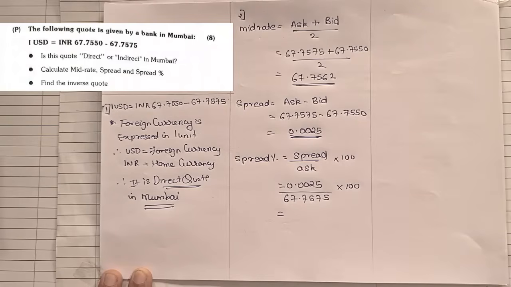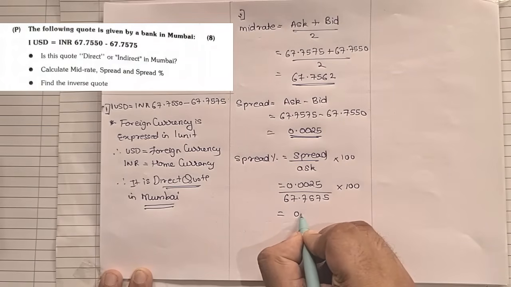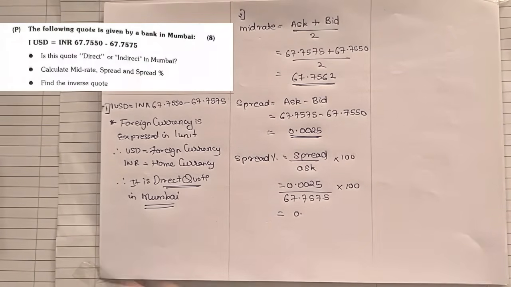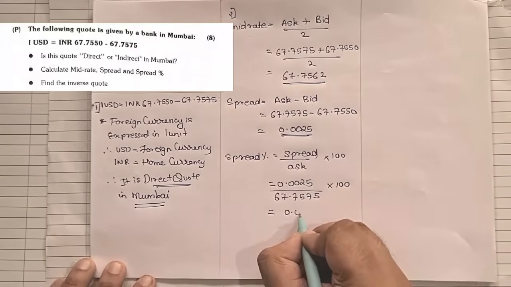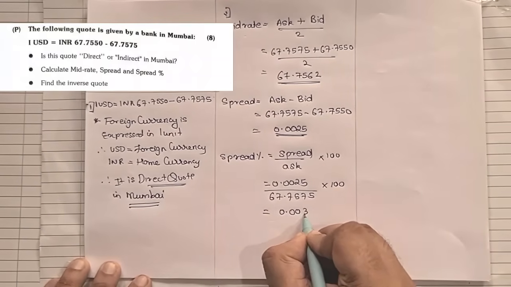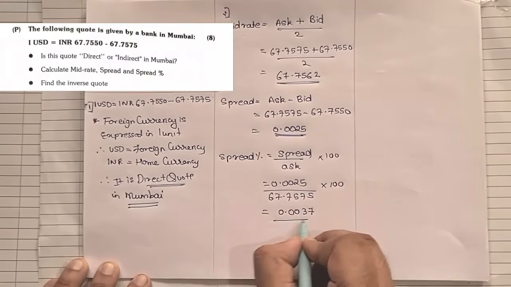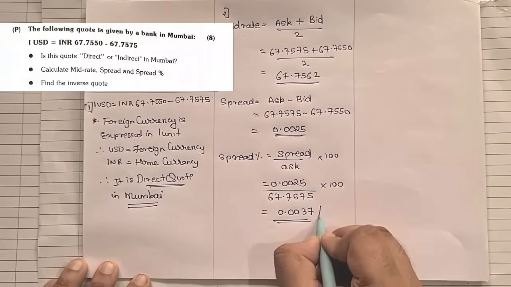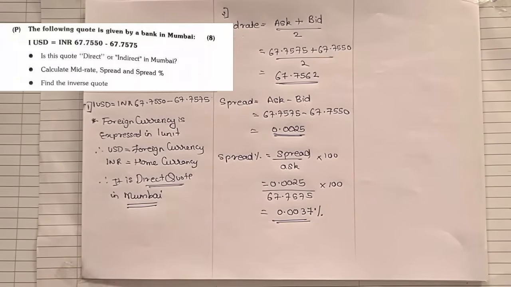So I get 0.0025 divided by 67.7575 into 100. We got the value as 0.0037. I can round it up to 37 percent. So that's my spread percent.